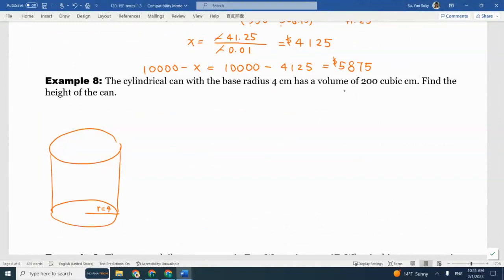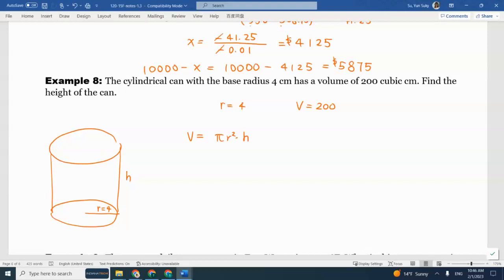It has a volume of 200 cubic centimeters. Find the height of the can. What is the volume formula? Pi r squared times height? Yes, everybody? That's why we're going to become familiar with all the geometry figures.